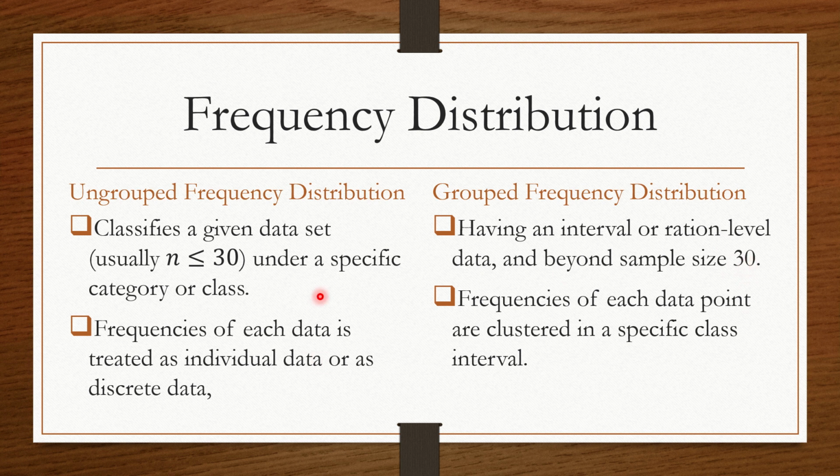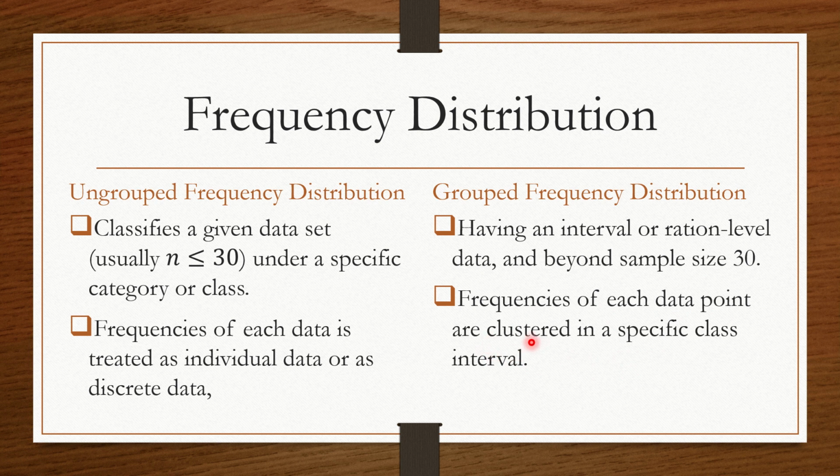Okay? So sa ungrouped, so frequencies of each data is treated as individual data or as discrete data. Okay? So individual po yung data dito sa ungrouped frequency distribution. And then sa grouped frequency distribution, so frequencies of each data point are clustered in a specific class interval.